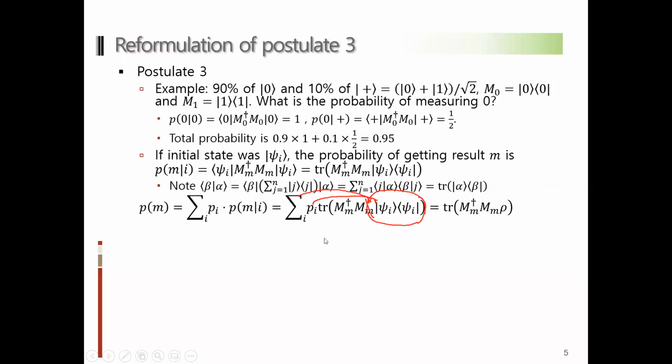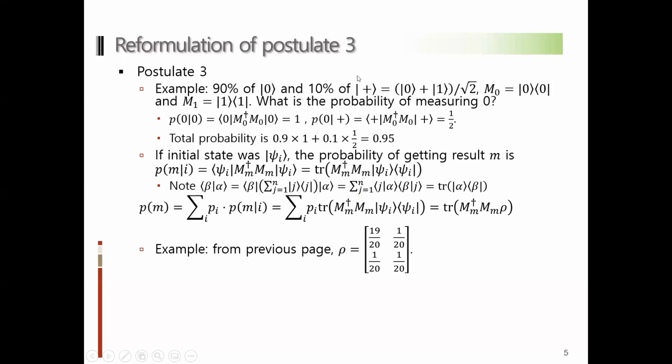Let's try to calculate this total probability based on this derived formula. We know that in the previous example, when we are given this kind of mixed state, the density matrix can be obtained in this way, which was already shown on the previous page.